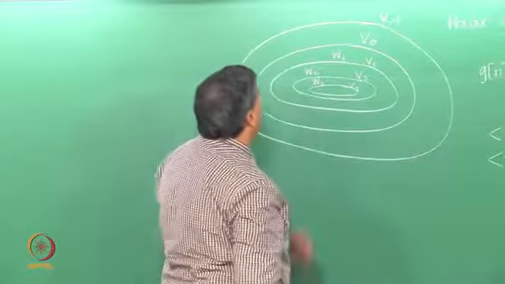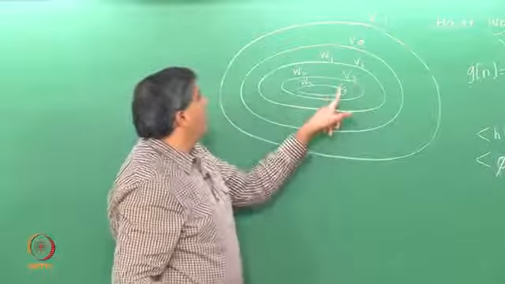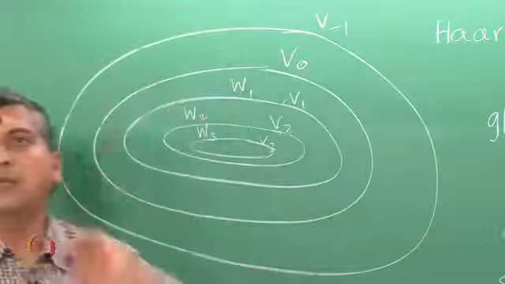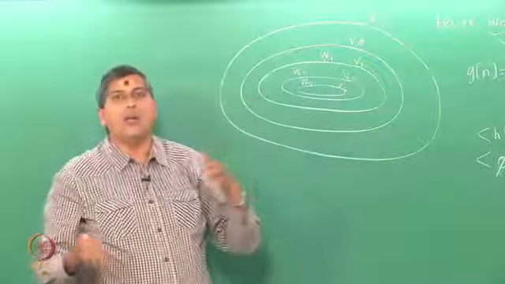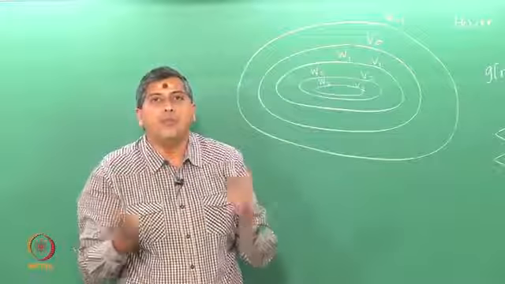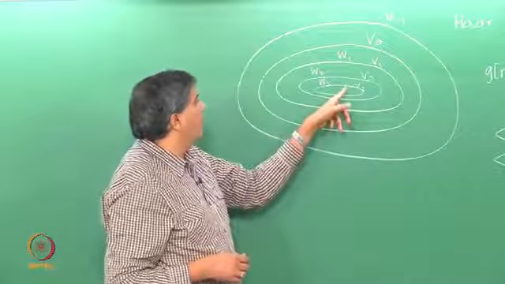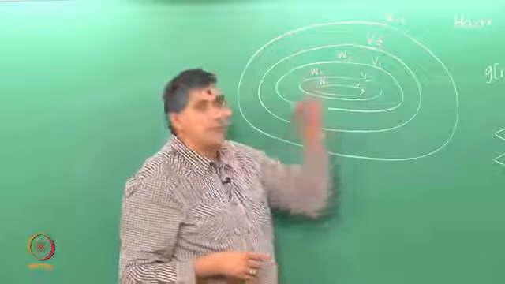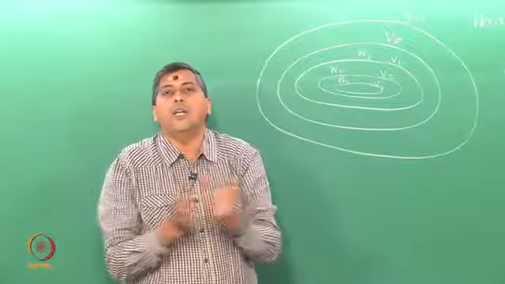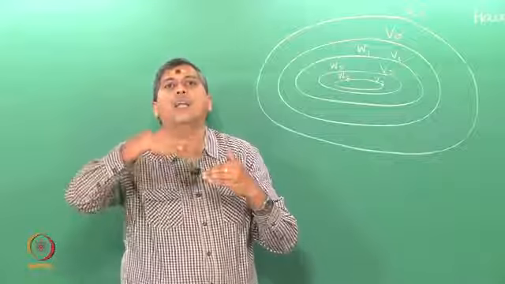Now, you can see quickly that V3, V2, V1, V0, V minus 1 and so on, they are all inclusive. So, the basis functions responsible for these approximation subspaces are not independent, because one is contained in the other.